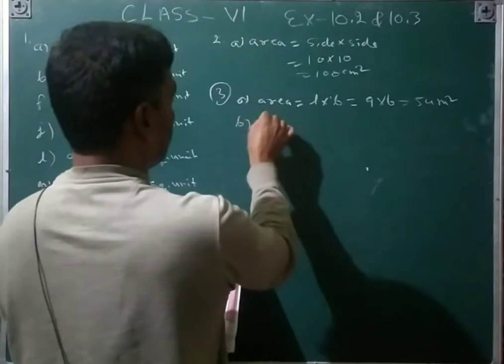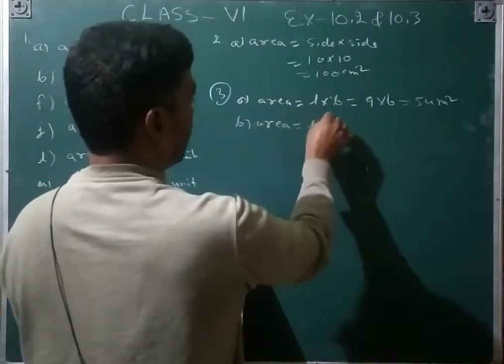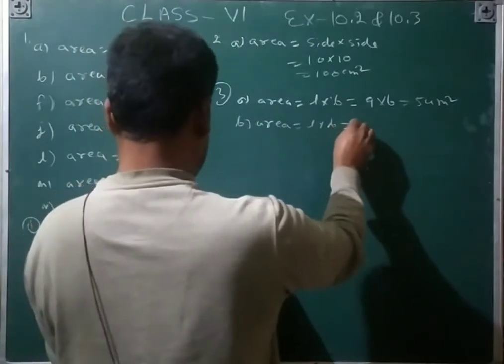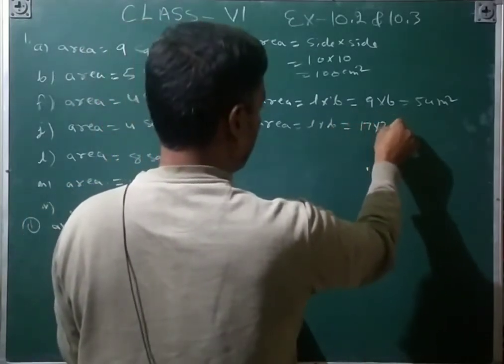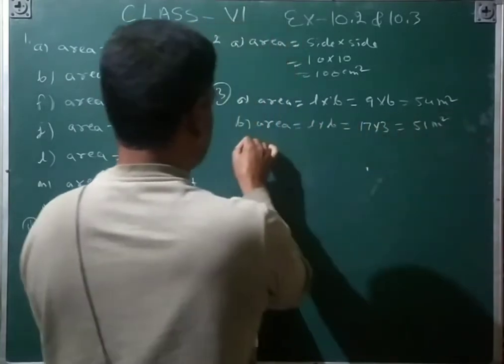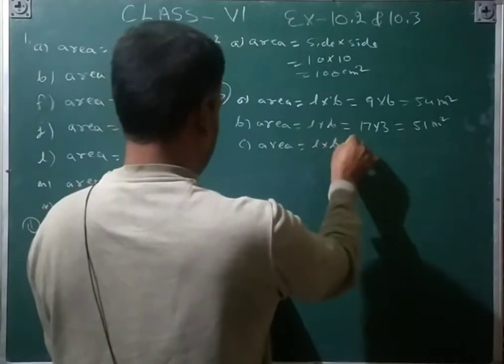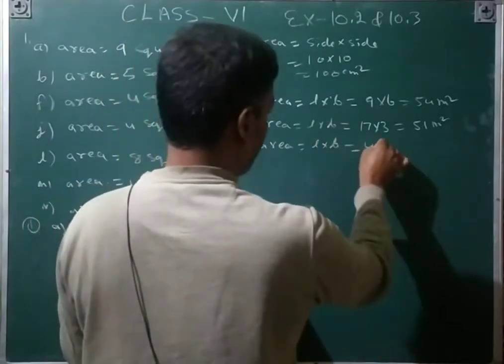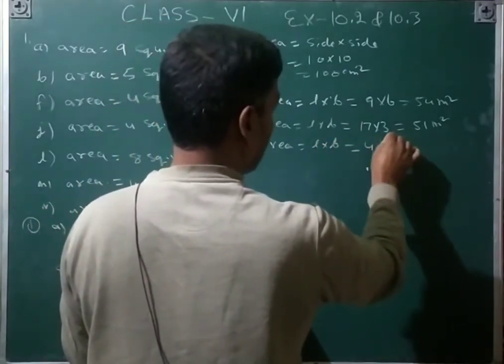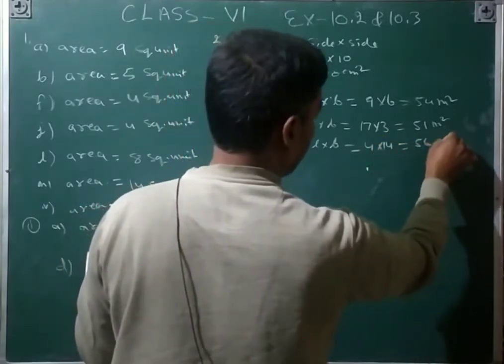B part, area is L into B, that is 17 into 3 is equal to 51 meter square. C part, area is L into B, that is 4 into 14, 14 4s are 56 meter square.